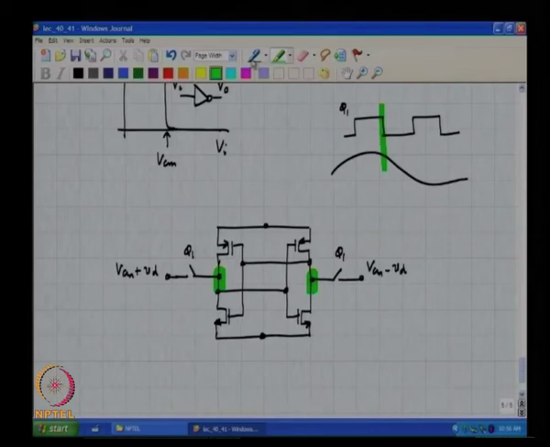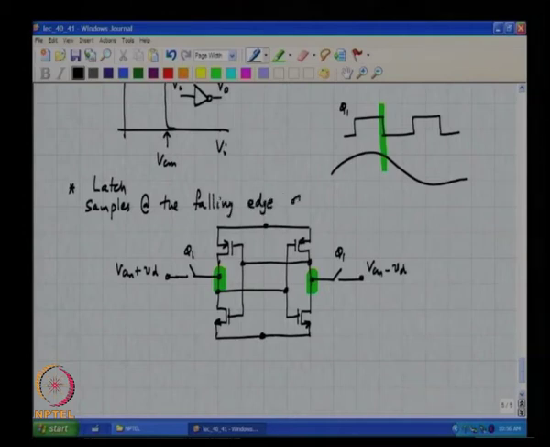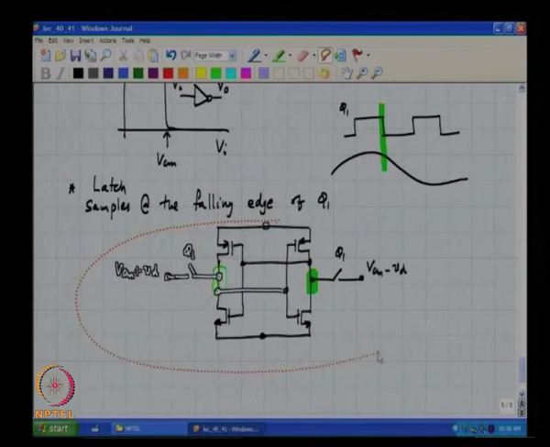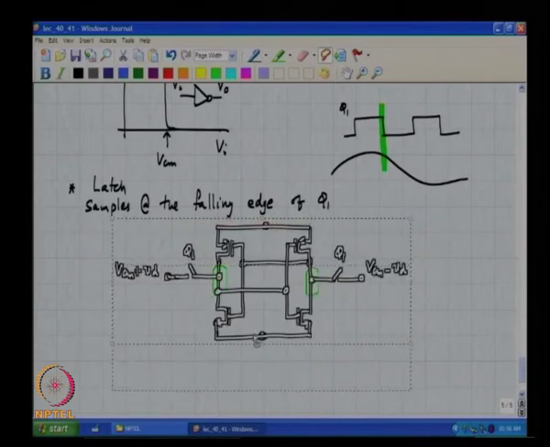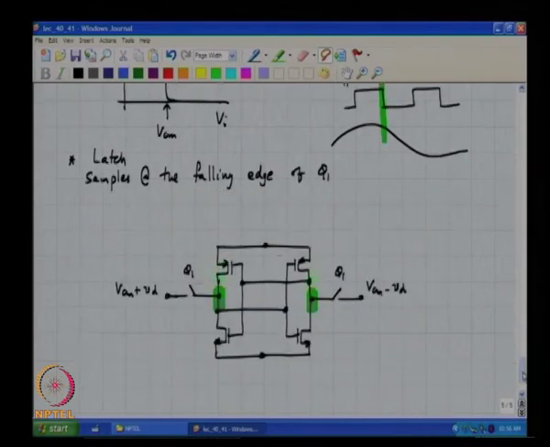So, that is something to bear in mind. The falling edge of phi 1, okay.